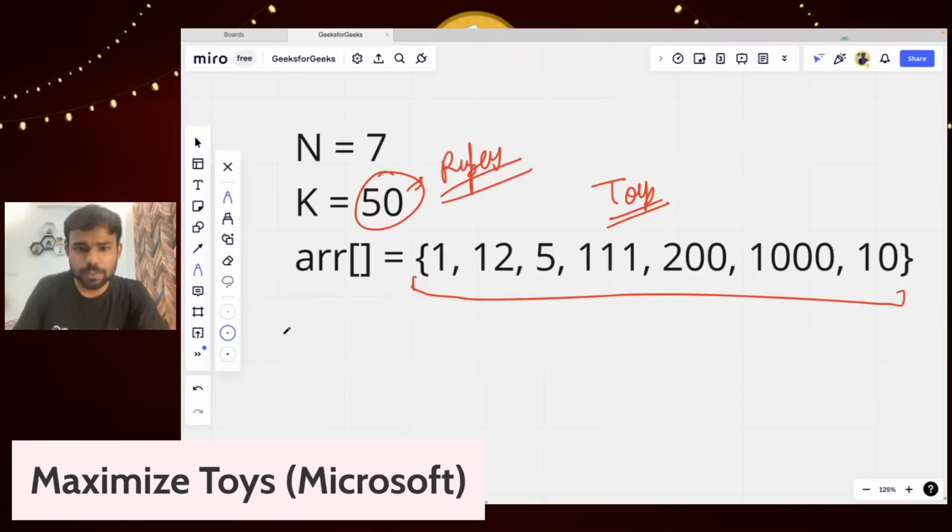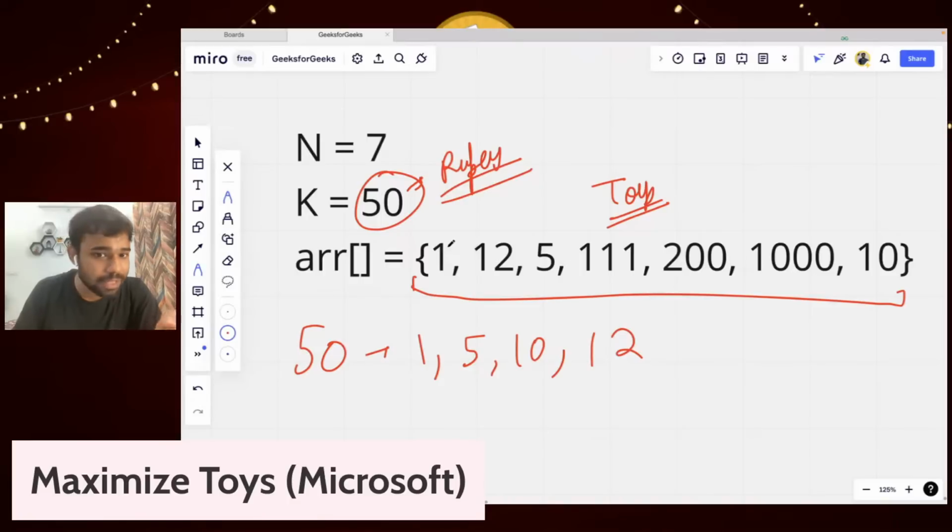So for this 50 rupees, I can purchase a 1 rupee toy, a 5 rupee toy, a 10 rupee toy, and a 12 rupee toy. These toys are purchased, and this amount sums up to 28. So you bought toys worth 28 rupees. Quickly tell me how much amount is left? So 22 is left.